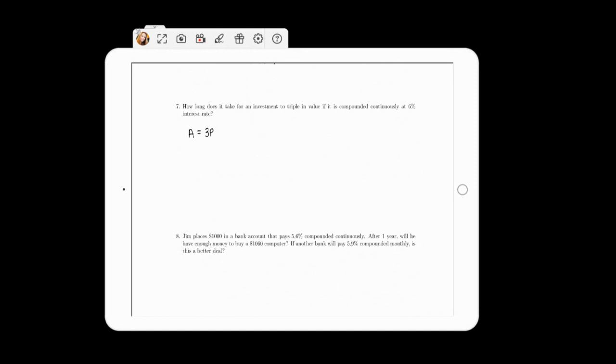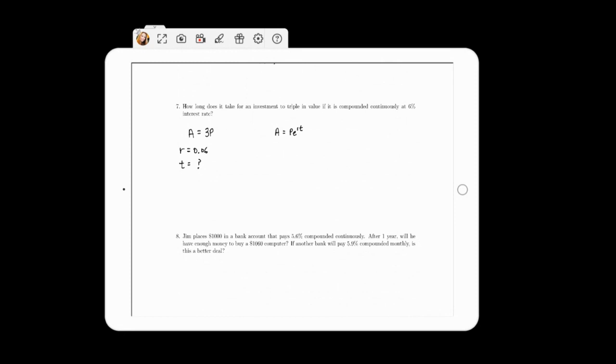And when we see compounded continuously, we know we need to use the continuous compounding formula. We are given that the interest rate is 6%, and we are asked how long. So we need to find t.